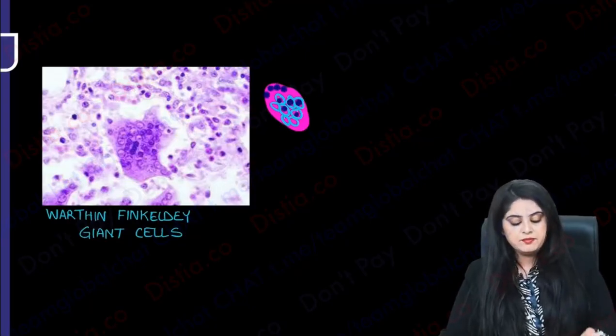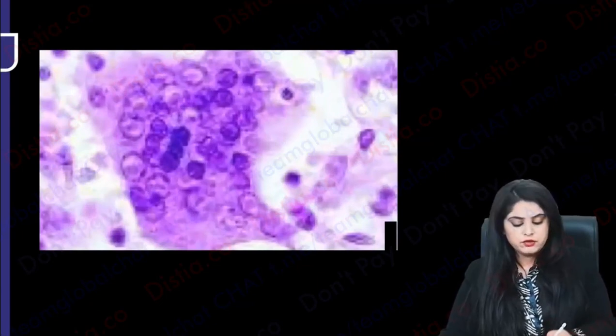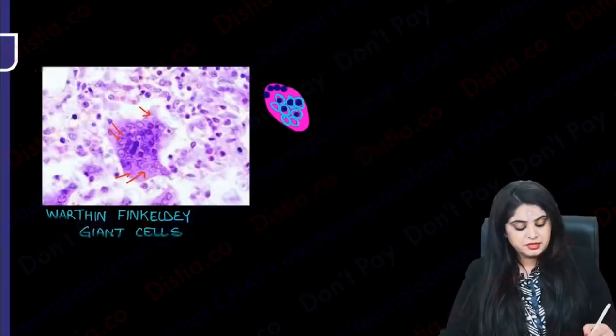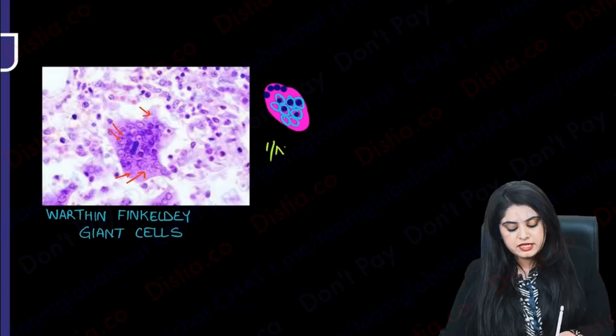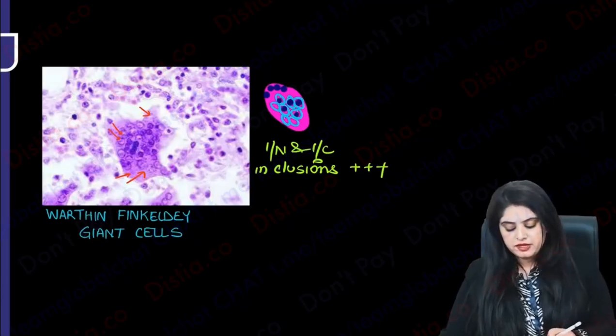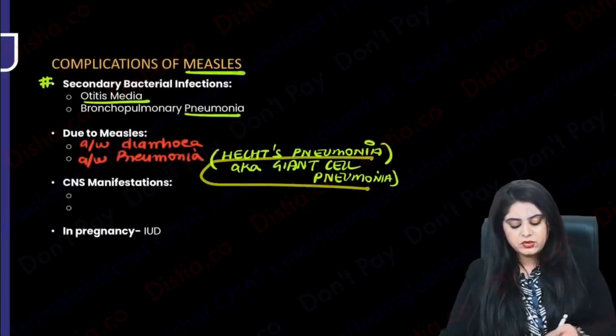If you look carefully, I can see lots of nuclei, and there are some dots in the nucleus and some random dots in the cytoplasm. This basically means that the Warthin-Finkeldey giant cell has intranuclear and intracytoplasmic inclusions. So coming all the way back, yes, that is the giant cell pneumonia or Hecht's pneumonia that I'm talking about.